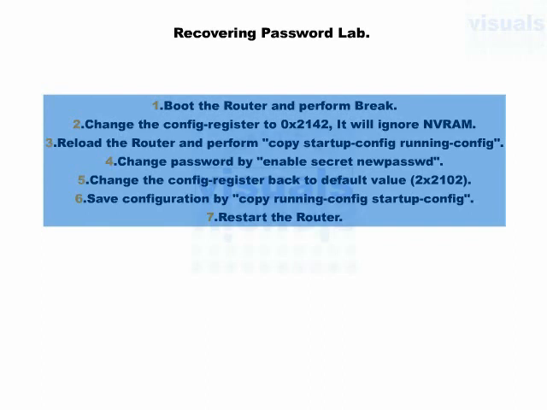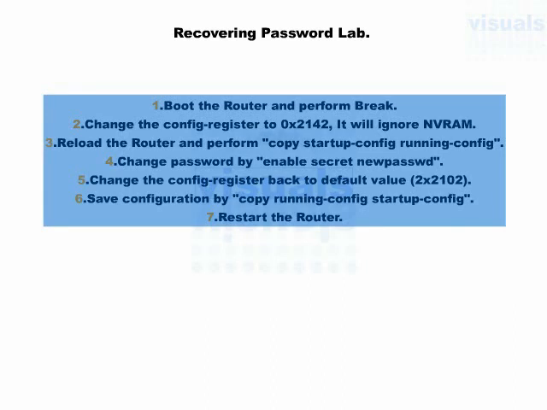After entering no, I have to copy my startup configuration to the running configuration so that I can access my saved configurations. After copying startup configuration to running configuration, I will go to global configuration mode and change my password by entering enable secret and the new password, whatever I want.